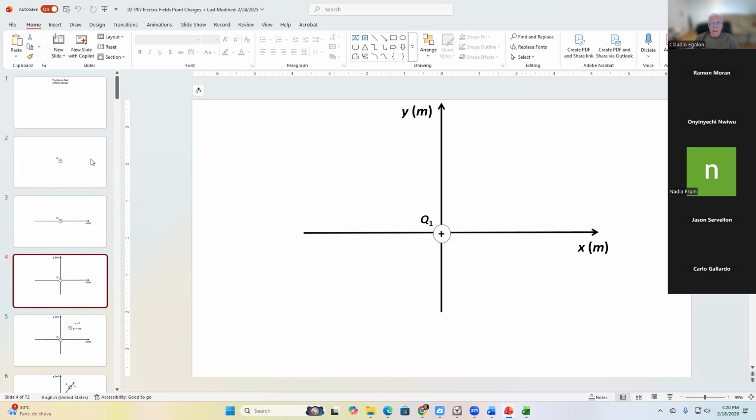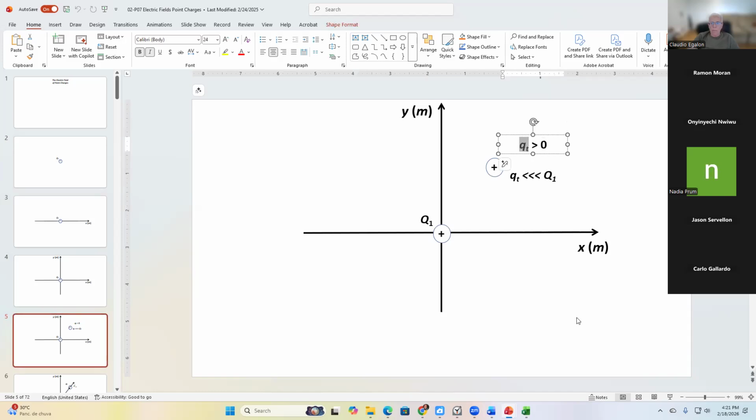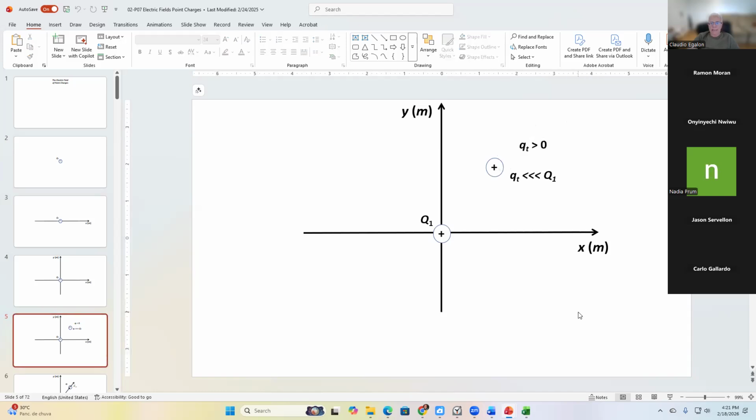And what else am I going to do? I'm going to put another electric charge nearby this other one, and I'm going to call it lowercase q, subscript t. T stands for test. It's a test charge, and it has a very important characteristic.